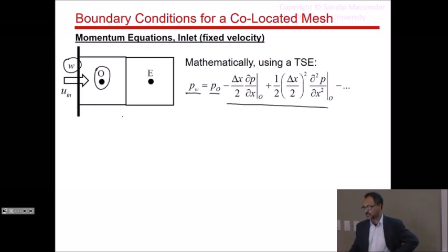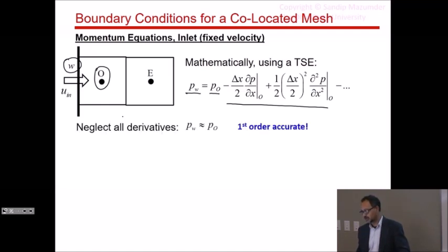So you see the minus delta x over 2 dp dx at naught plus the higher order terms and so on. This is a straightforward mathematical approximation. Now, if we neglect all these terms and just say this is equal to that, then obviously my leading order error is delta x. So it's a first order approximation.